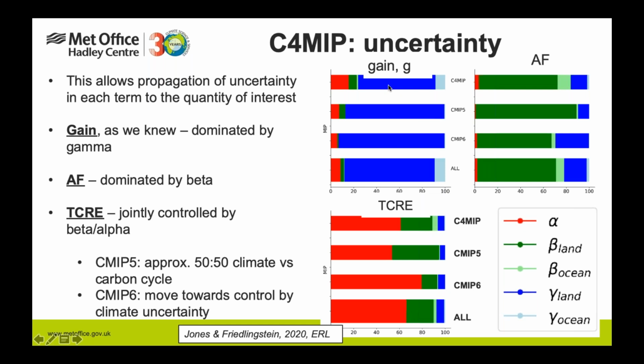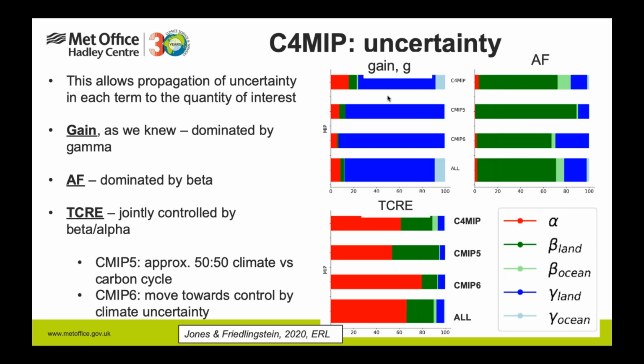That's gamma, in particular gamma land is the darker blue and gamma ocean is the pale blue. These three top blue bars are the different generations: C4MIP at the top, CMIP5 and CMIP6. And then this slightly thicker bar combines all of those together. So this is what we already knew, that the gain was dominated by gamma. And if we want to reduce uncertainty in gain, then we need to reduce uncertainty in gamma.